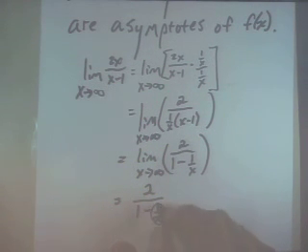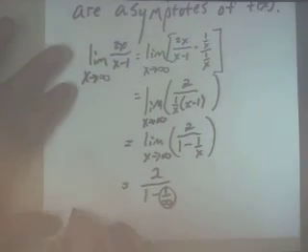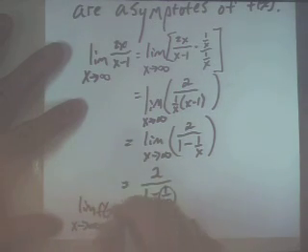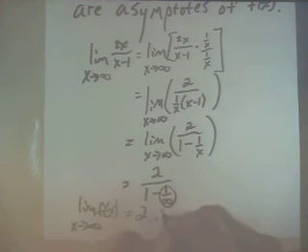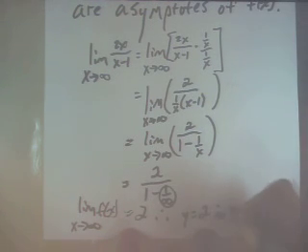That's going to approach 0. 1 divided by really, really large numbers gets so negligible we call that 0. So we end up with 2 over 1, which is 2. So we found that the limit as x goes to infinity of our function equals 2. Therefore, y equals 2 is a horizontal asymptote of our function.